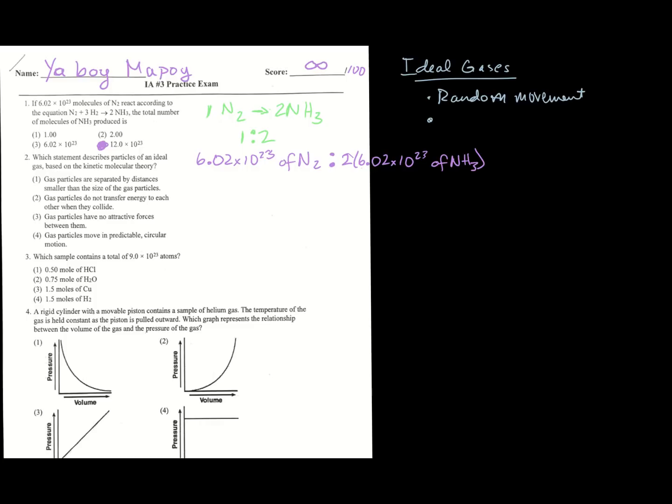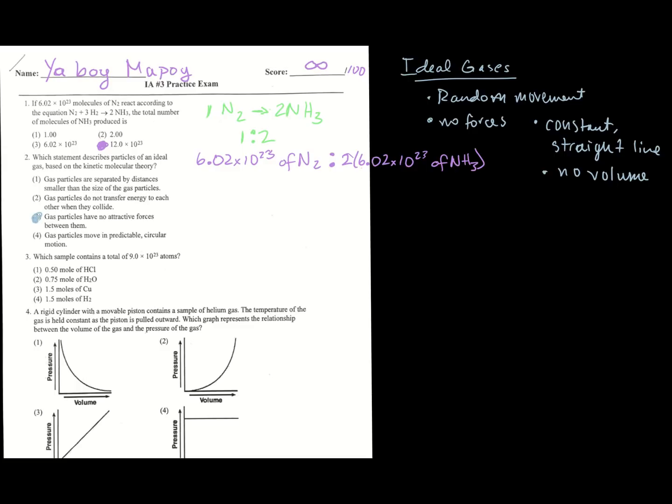No forces. Constant straight line. That's how they move. Constant straight line, random. No volume, basically. So looking at our choices, the best one that fits it is choice 3.